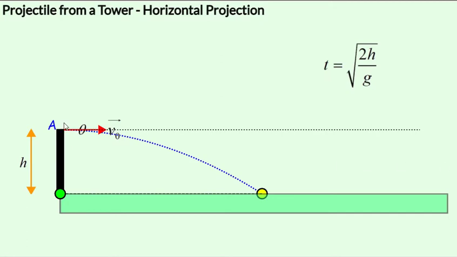The green is simply released from the top of the tower and the yellow one is thrown with a horizontal velocity. The range of the green ball is 0 and the yellow one has gone some distance based on its velocity.